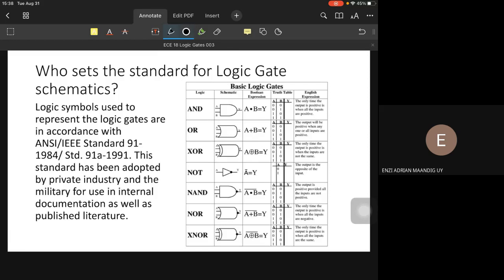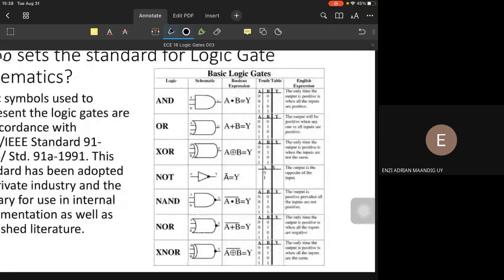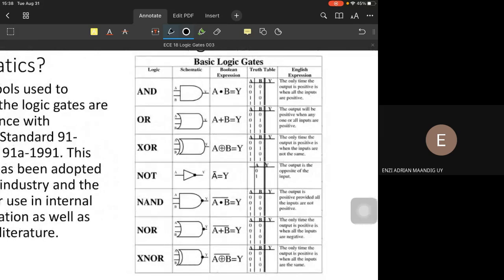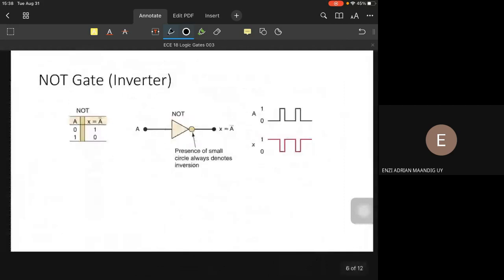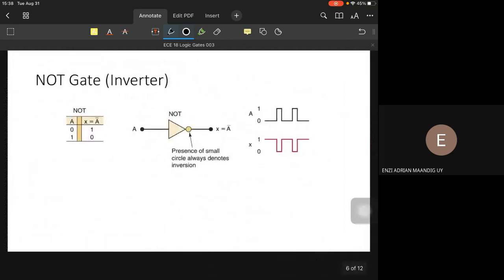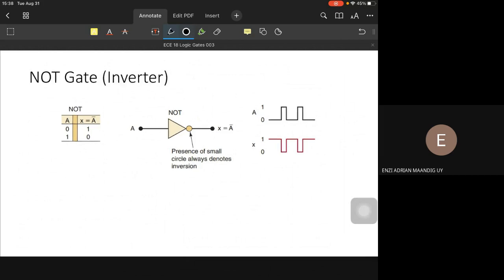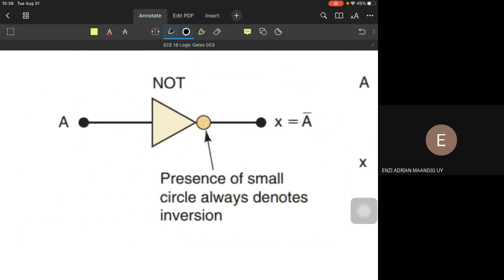So these are the basic logic gates. I won't go through them one by one now, later on. So let's start with the NOT gate, or the inverter, which I introduced earlier. This is its logic gate symbol.